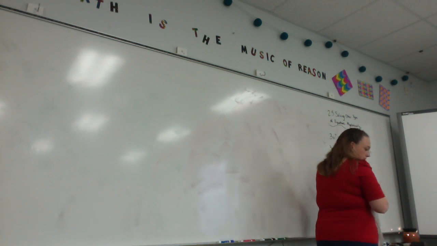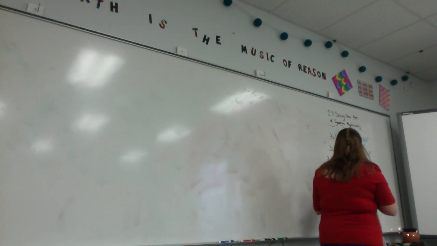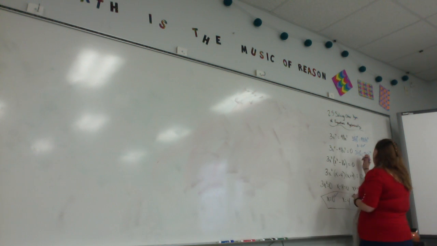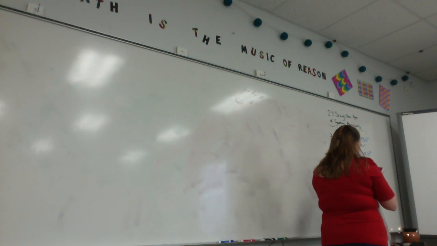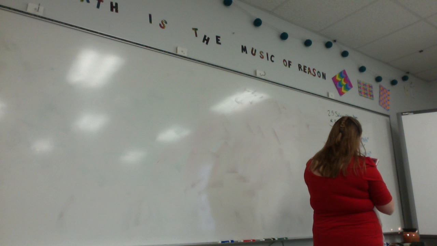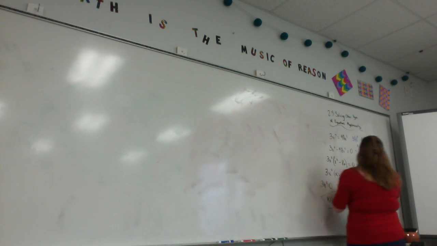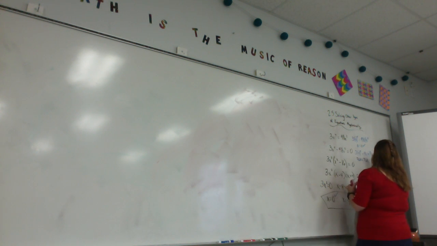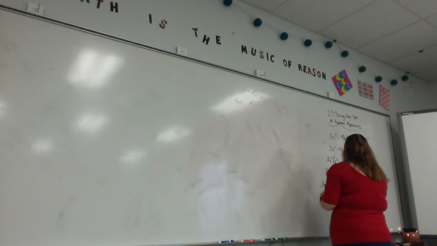What is 4 to the 4th? 4 to the 4th is 256 times 3 is 768. And 4 squared is 16 times 48, which is 768. Look at that, that's beautiful. So 4 works as well.